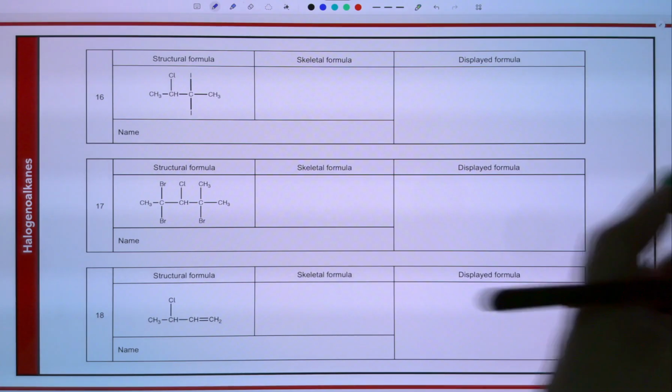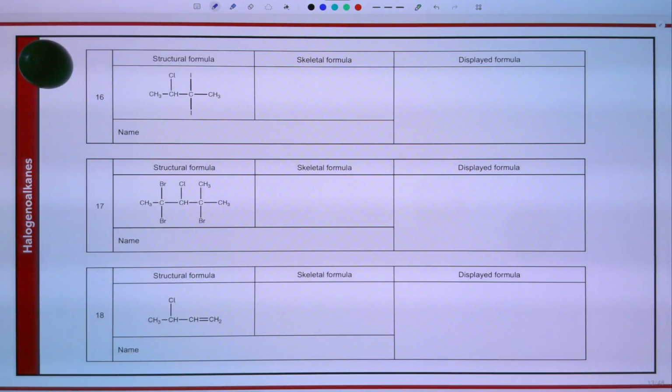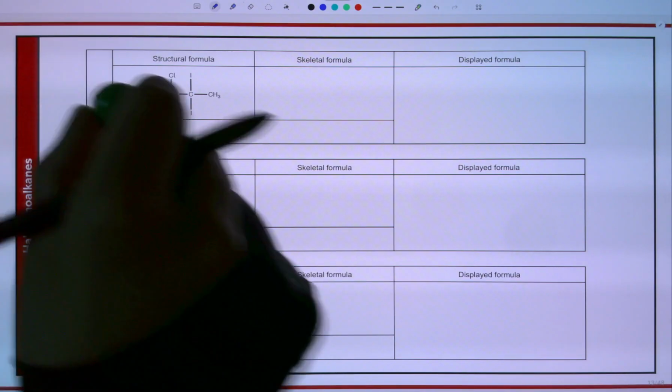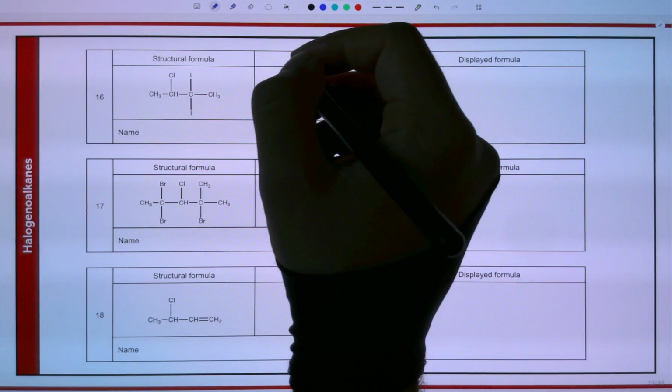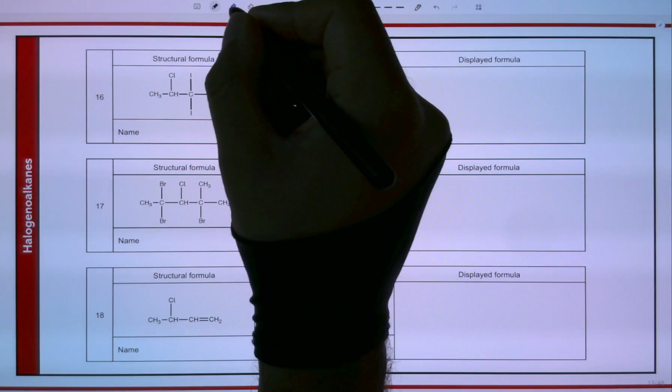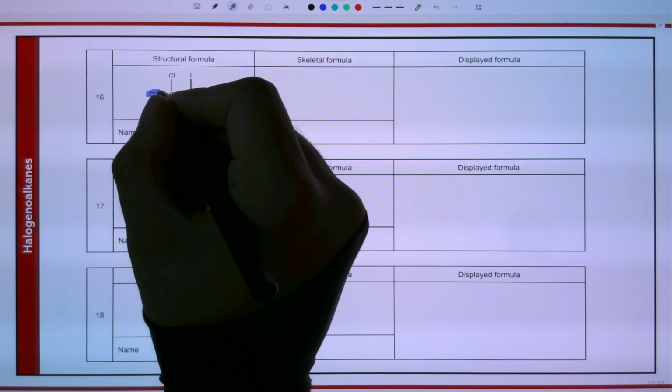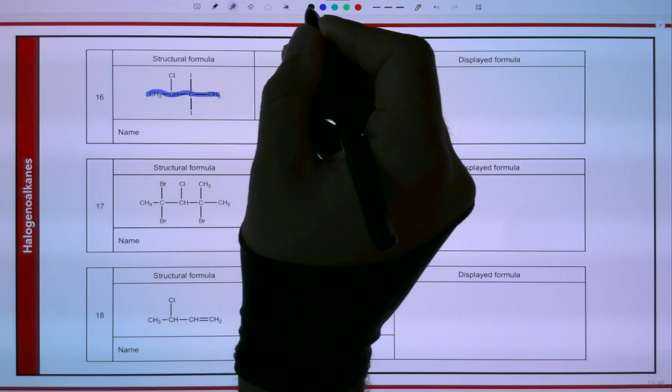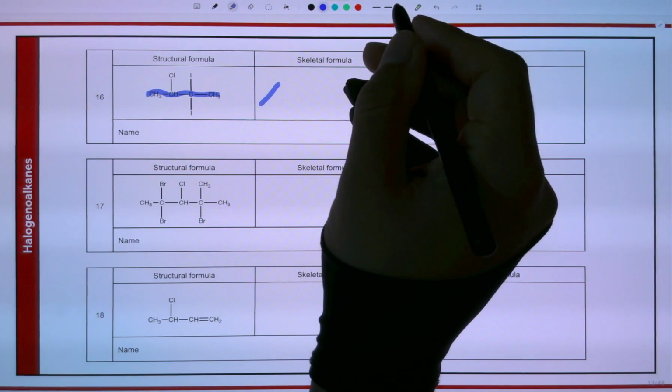Pause the video and attempt these questions. The first skeletal formula, or the longest carbon chain, would be 1, 2, 3, 4.